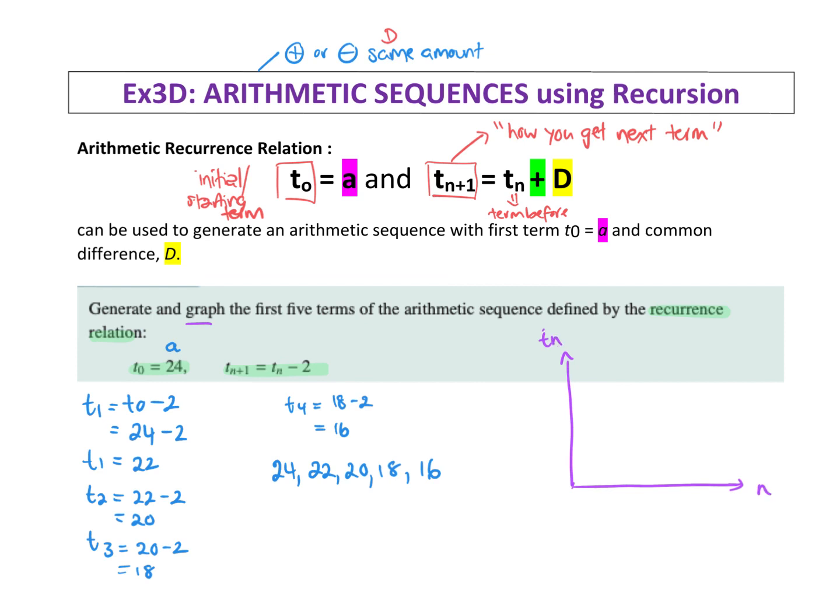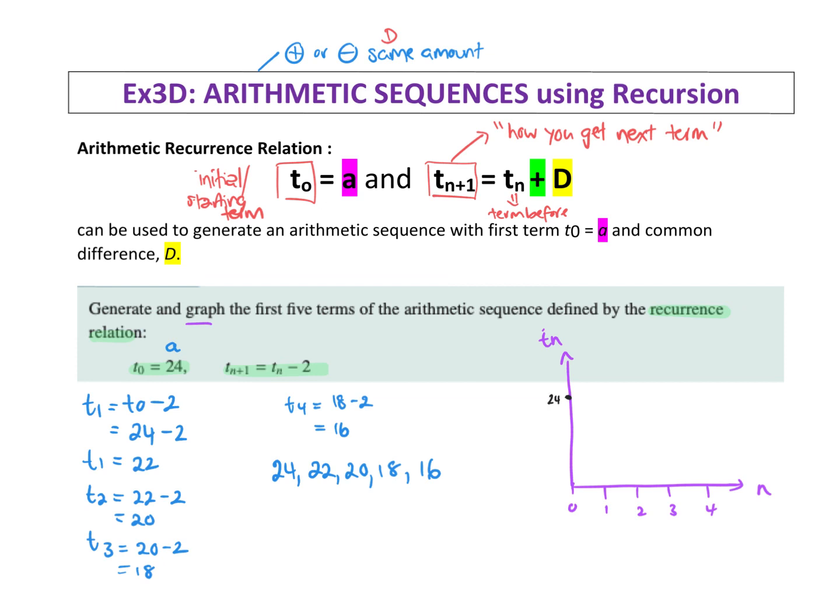And then over here is n. So here we've got T0. Then you just break it up. We had 1, 2, 3, and 4. So the first one, T0, now all I have to do is I'm just going to say it's up there. That's 24.